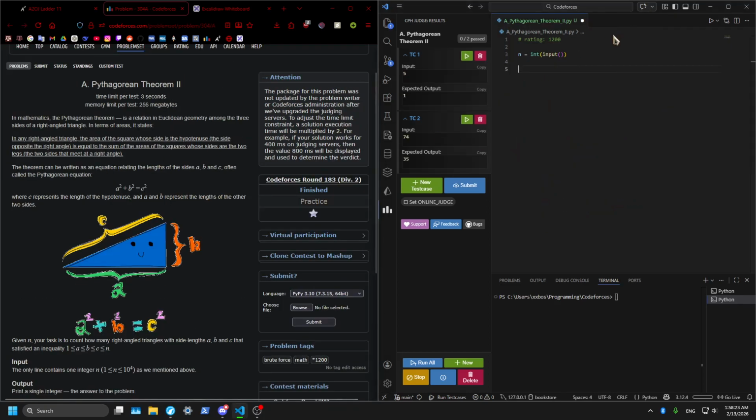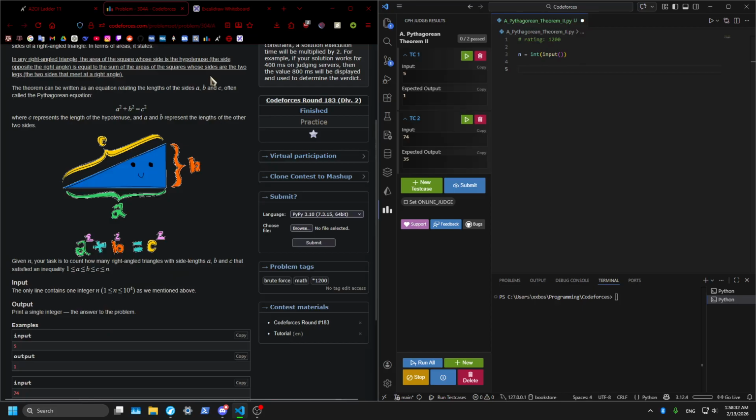Well, if we can't find a fancy way to do it, we can just brute force it. See if that works.